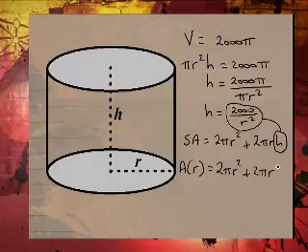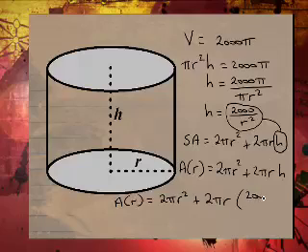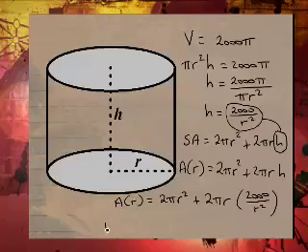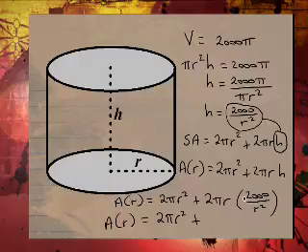So how can we get the area in terms of r? 2 pi r squared plus 2 pi r, and h is 2,000 over r squared. We can now simplify this and make it easier to differentiate. So the area is 2 pi r squared plus, 2 times 2,000 is 4,000, and we've got pi divided by r, because that cancels there.